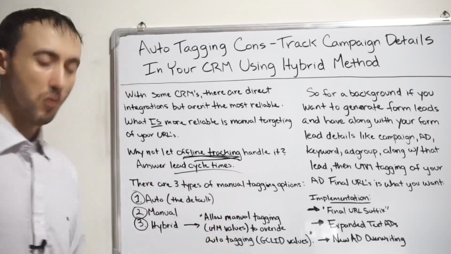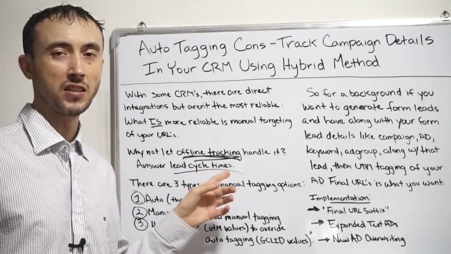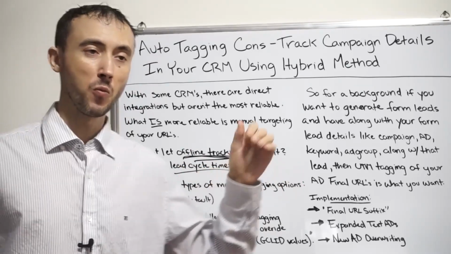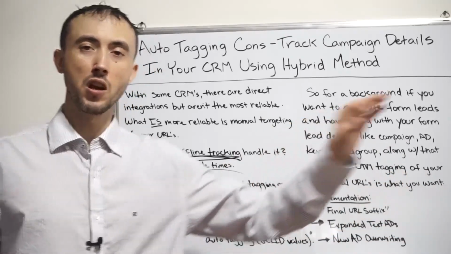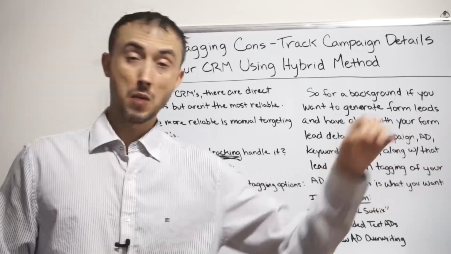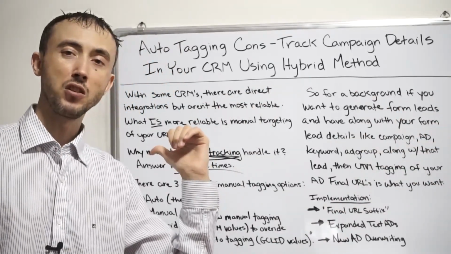With this offline conversion tracking system that Google lets you use, when a lead comes in from your campaigns, you can follow along with that lead, and when they end up being qualified, when they end up buying, you can import that data back into your Google Ads account.